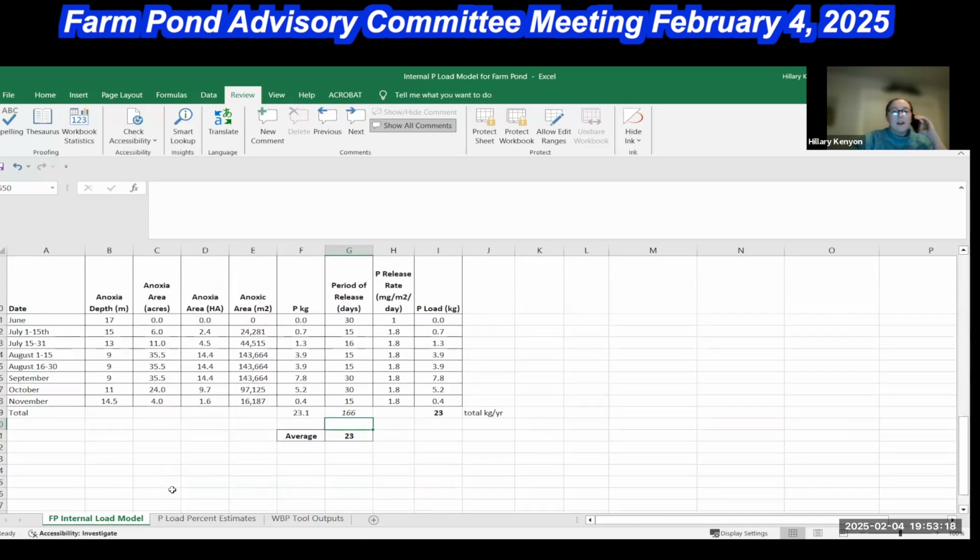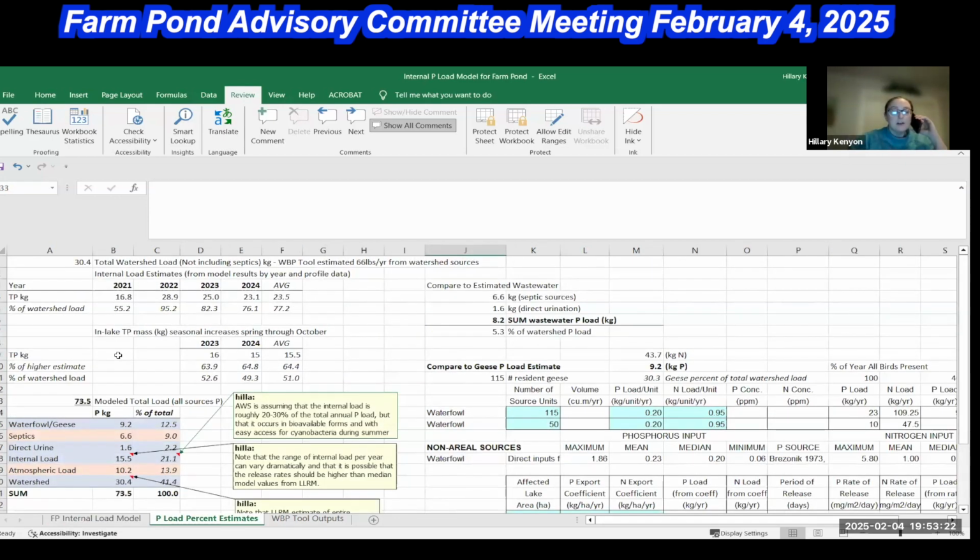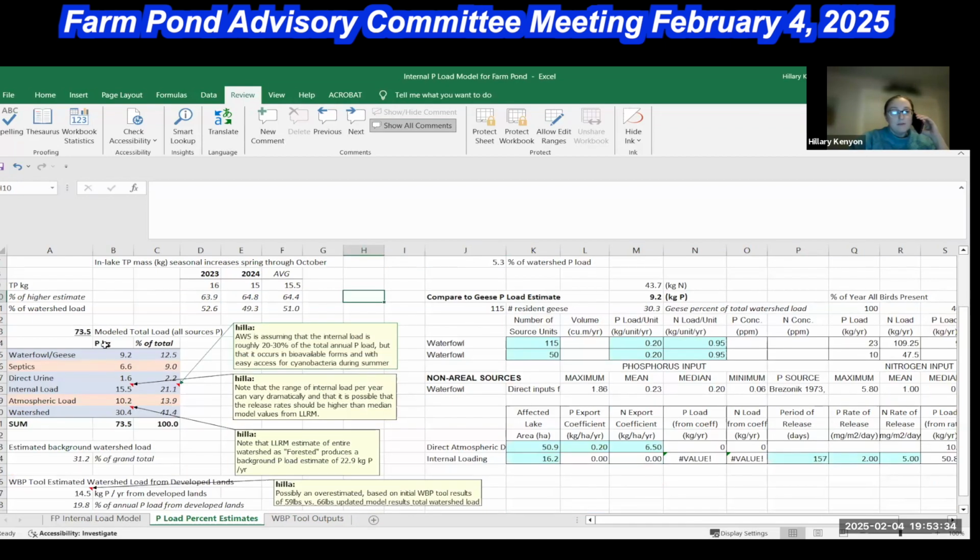These estimates are from various years of dissolved oxygen and temperature profiles. And I have estimated that the internal load is probably about 20 to 30% of your total load. These right here, if you can see this, are my estimates right now relative to the total. And this might be a little high.